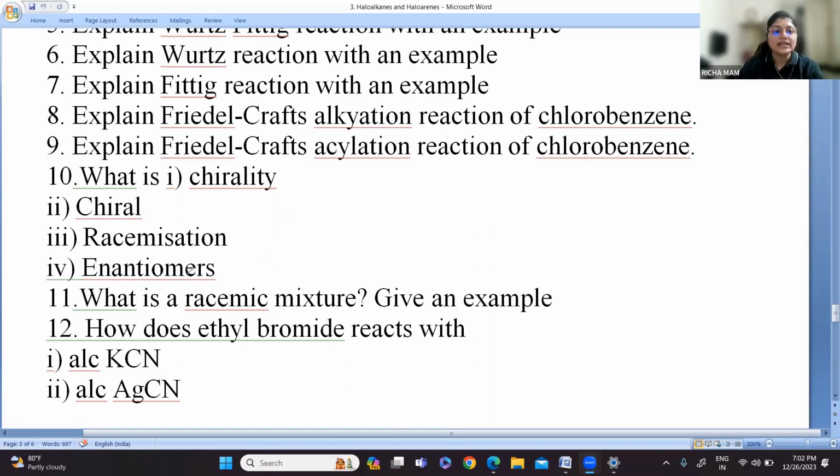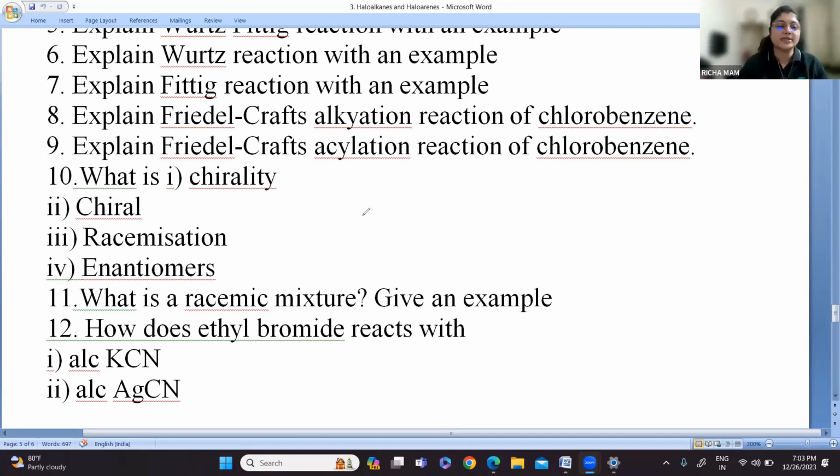Okay. Next is enantiomers. What do you mean by enantiomer? Enantiomers are optically active isomers which are non-superimposable.